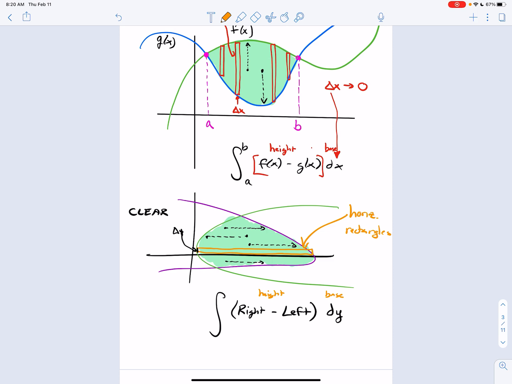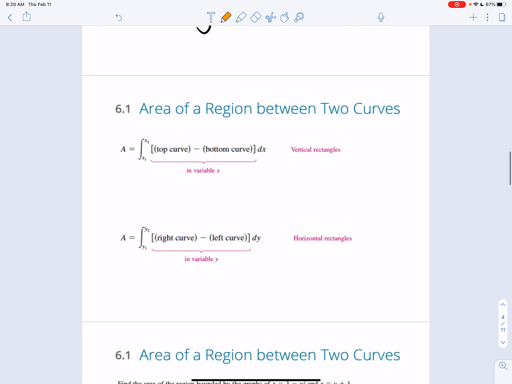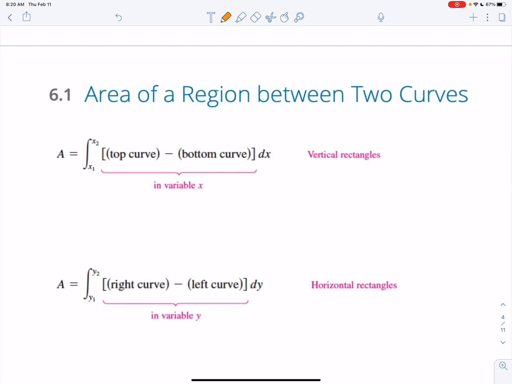So pretty easy to remember. If you have vertical rectangles, you're doing top minus bottom. Vertical rectangles just means x, okay? So I want you guys to equate these two. Vertical rectangles, think of x, because that's going to help you guys out later, okay?